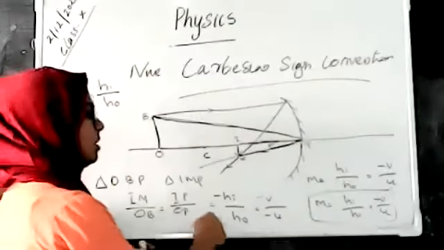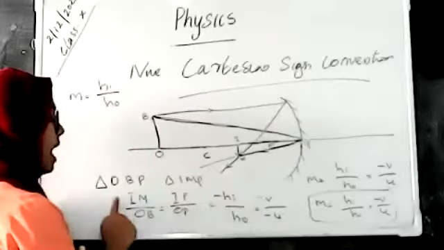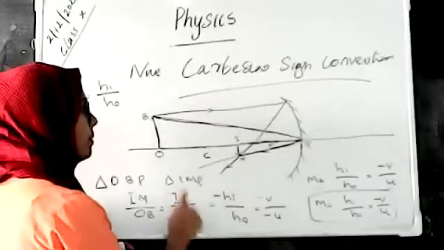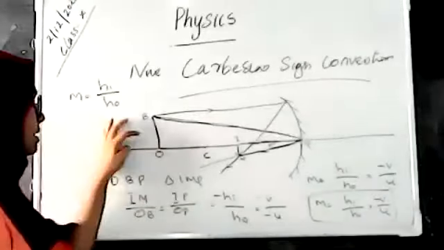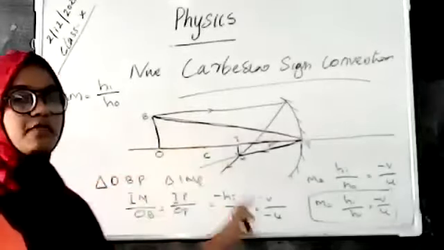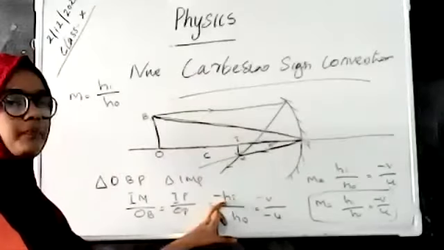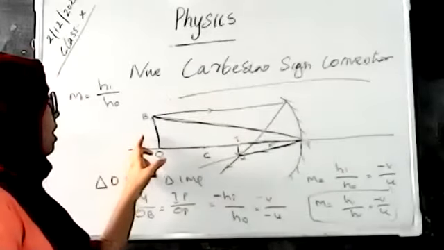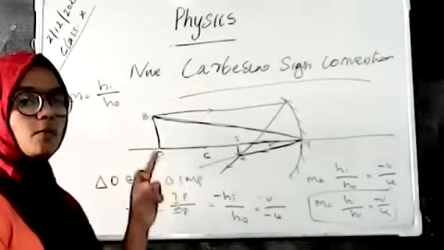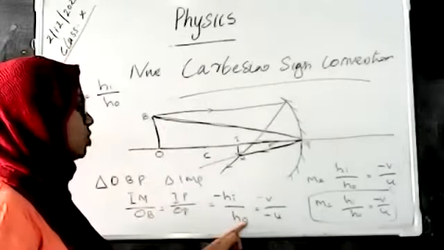Substituting the values of IM, OB, IP and OP from the figure: IM is the height of the image, taken as HI, and OB is the height of the object, taken as HO.